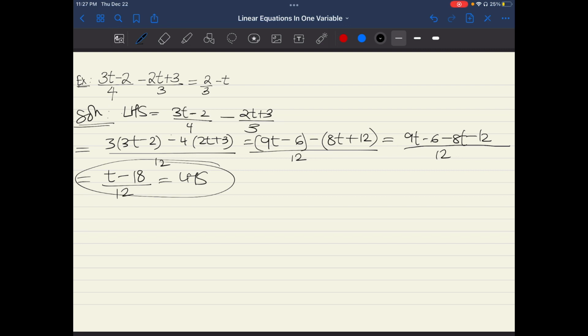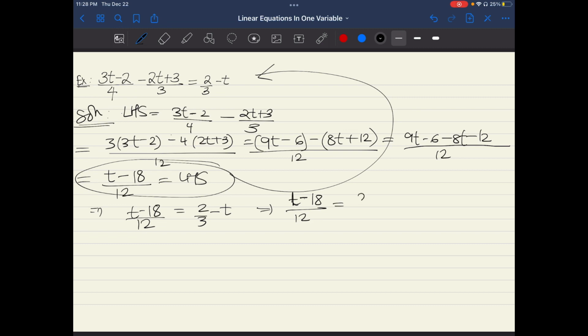And now if we substitute this back into the original equation, we get t minus 18 over 12 equals 2 over 3 minus t, which is equal to t minus 18 over 12 equals 2 minus 3t over 3, which is t minus 18 equals 4 times 2 minus 3t.